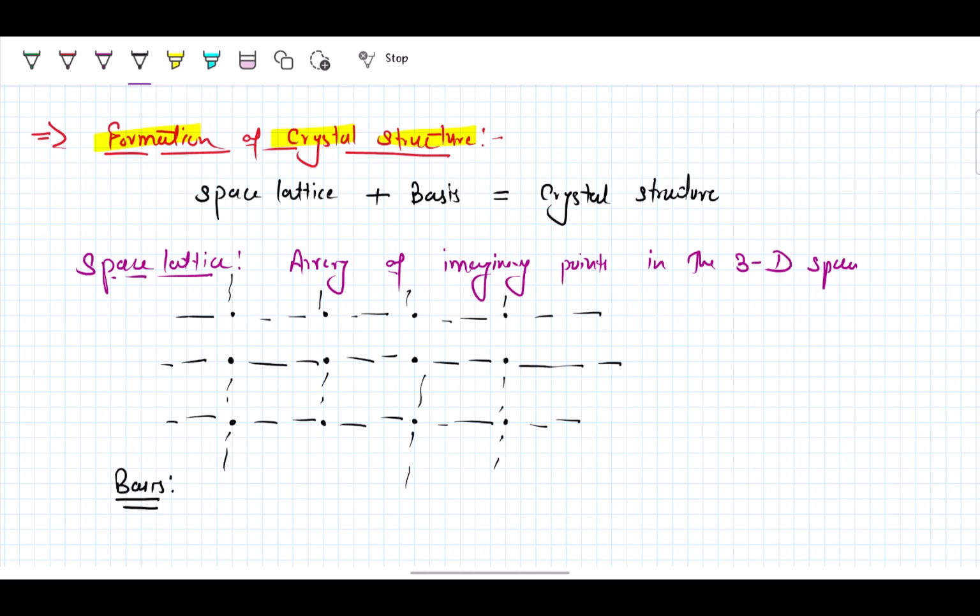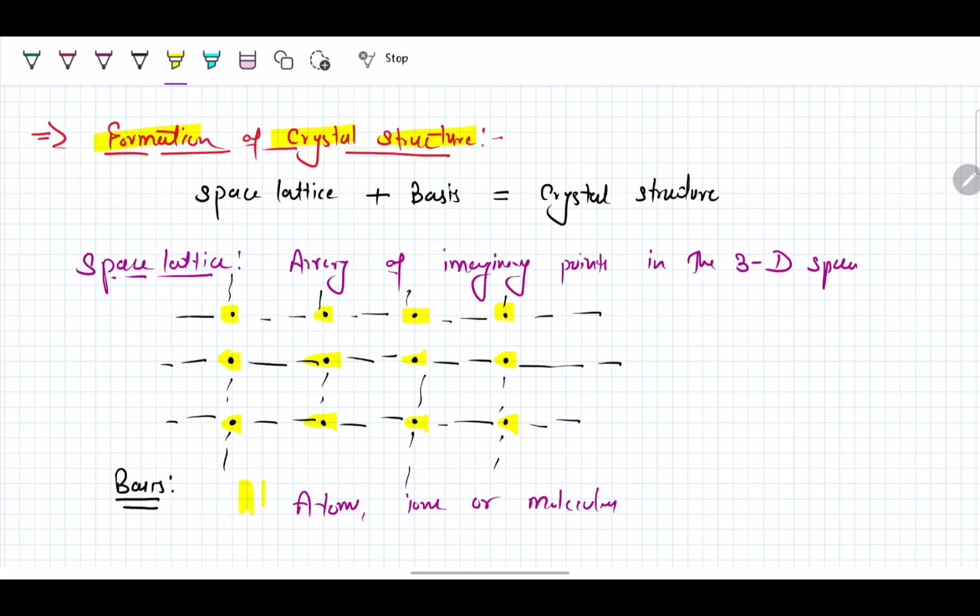In a space lattice, we have assumed imaginary points in space having identical surroundings. But for the formation of matter, what we need is atoms, ions, or molecules. So the basis is atoms, ions, or molecules.